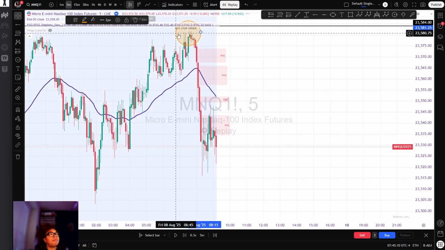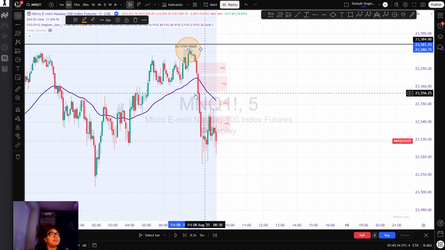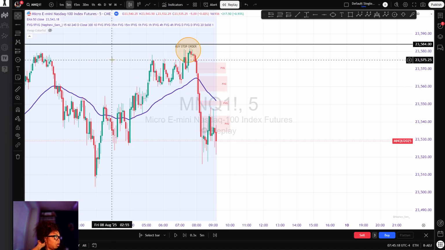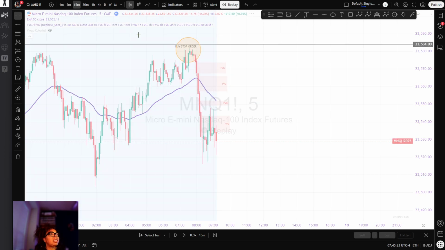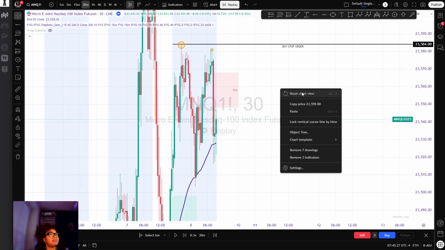On the smaller time frame, you can see it looks really close. The lower you go on the time frames, the more detail you can see. So even though it looks like it's right there on the 30-minute, it really isn't.